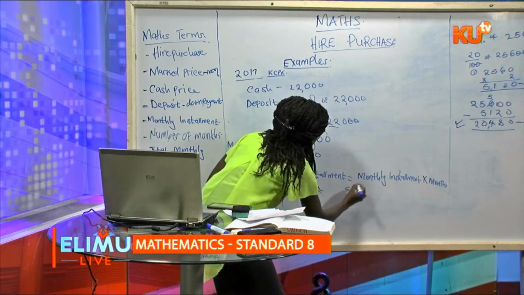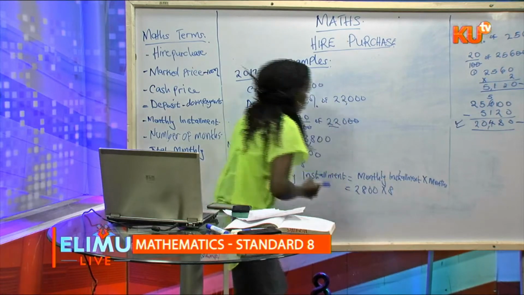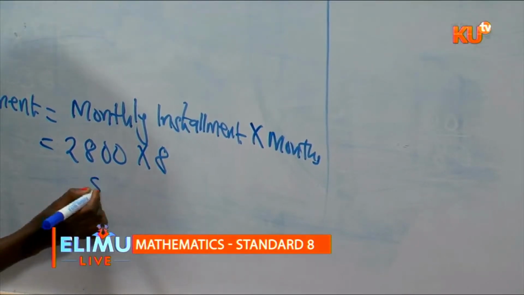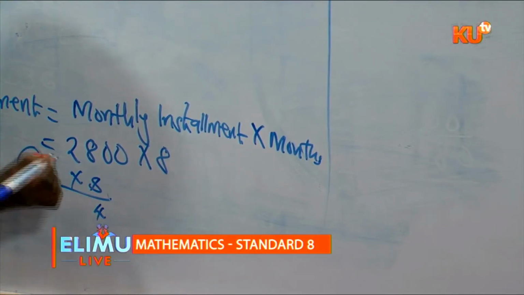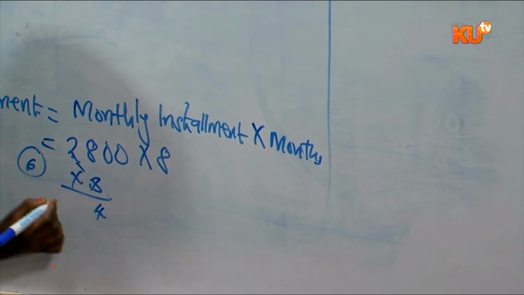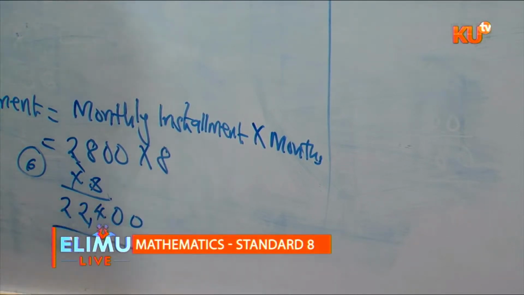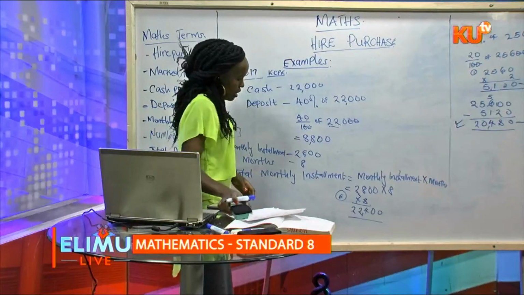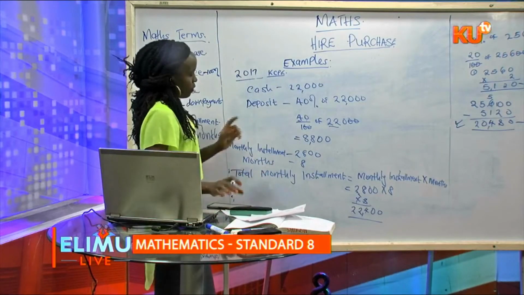So 2,800 times 8. We multiply. This is 64 carry 6. 16 plus 6, we get 22. We add the zeros, powers of 10. We get 22,400. 22,400 is now the total monthly installment.